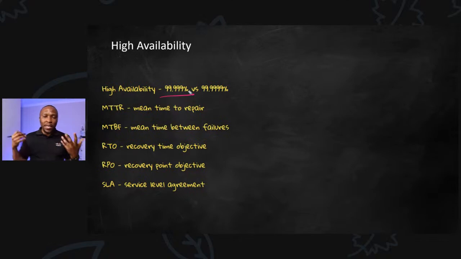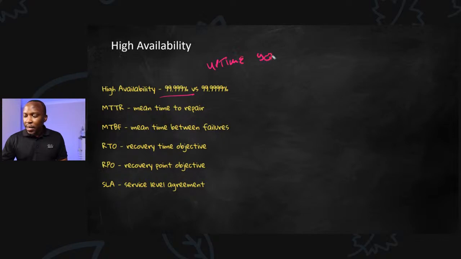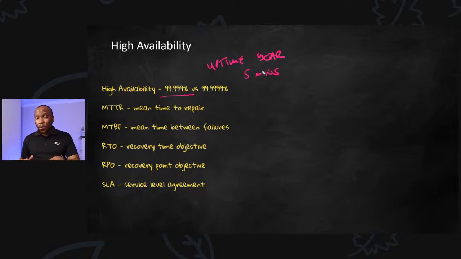What this is referring to is their uptime per year. This is what they are promising you, that their data center is going to be running 99.999% of the time. If you convert that mathematically, that will give you about 5 minutes. So what they're simply saying to you is that they're guaranteeing that throughout your entire year, if you host your infrastructure with them, you're only going to have a downtime of 5 minutes.